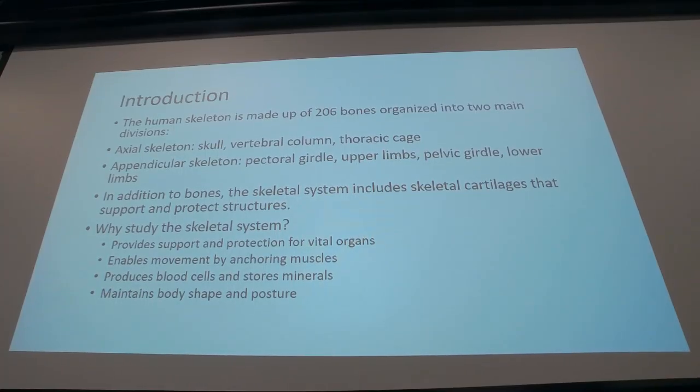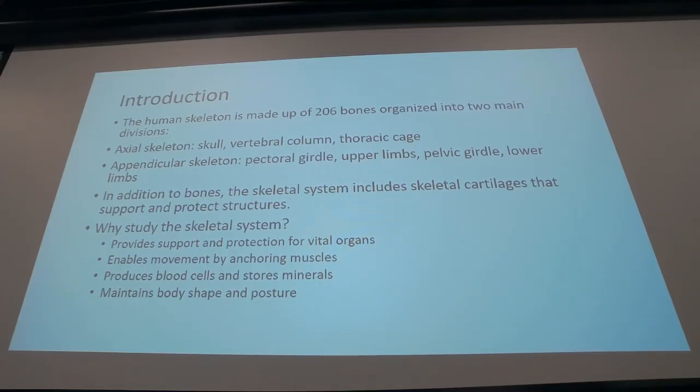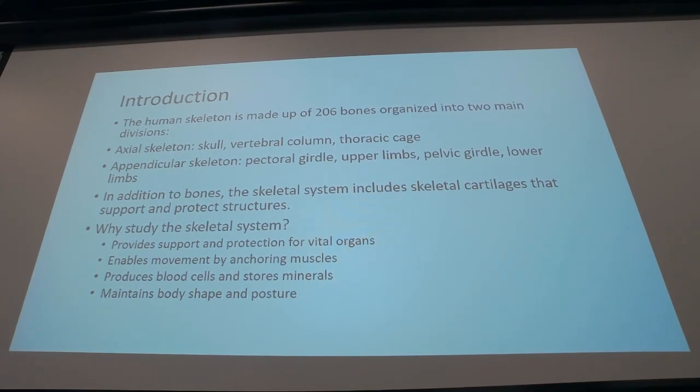So that's the major subdivision of the skeleton: the central skeleton, axial, and the skeleton of the limbs, which is appendicular. Appendicular comes from appendix, which means something extra. Well, of course, our upper and lower limbs are not extra, so it means additional rather than extra.